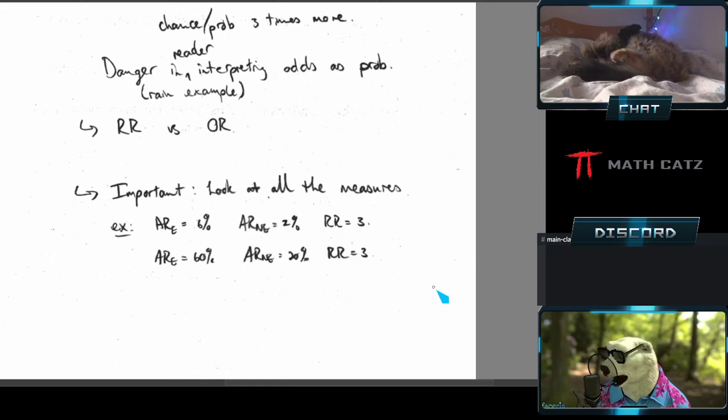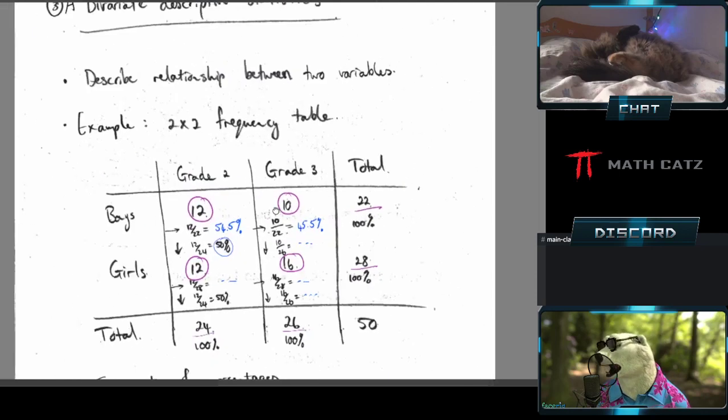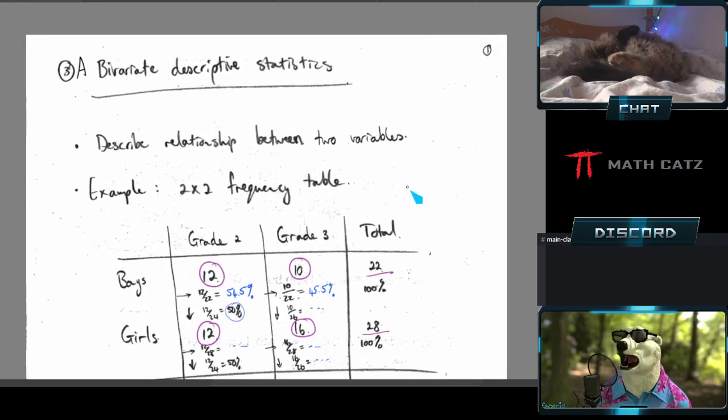All right, hopefully that gives you a pretty good introduction to this topic of bivariate statistical measures when I have multiple variables and I'm trying to describe the link between them.